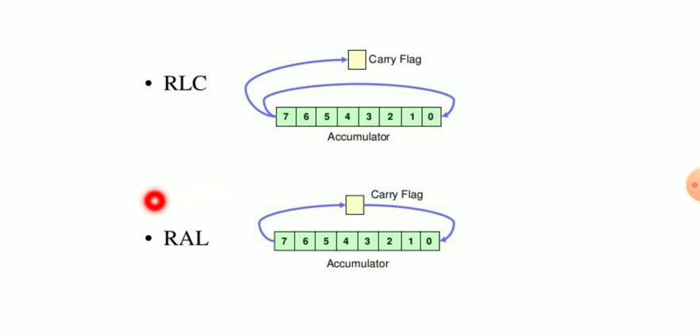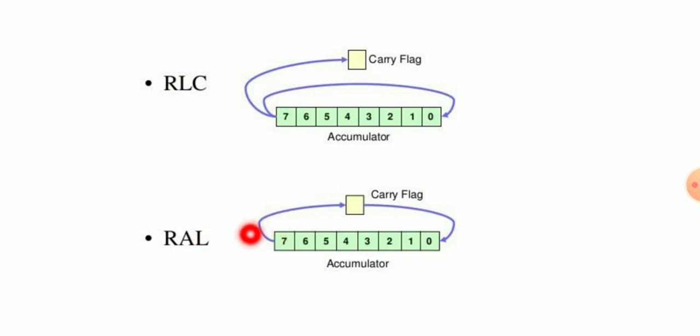And RAL is rotate accumulator left through carry. In both instructions there is a left shift, in RLC without carry and in RAL with carry.